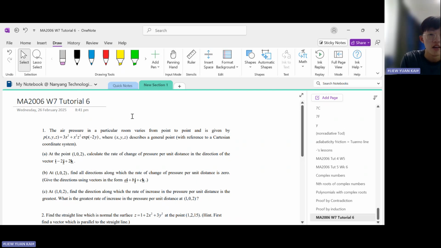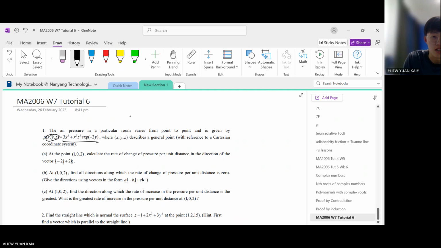Okay, so question 1 reads, the air pressure in a particular room varies from point to point, given by this function. So this function generates the pressure at each point. At the coordinate x, y, z, if you want to find the pressure, you use this function, which reads 3x squared plus x squared z squared, exponent minus 2y.